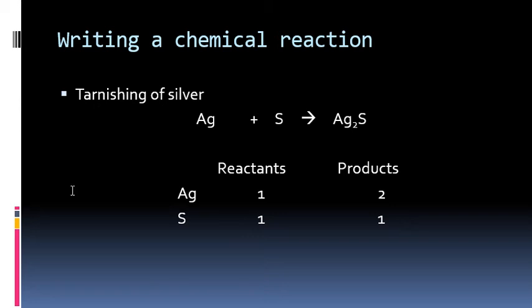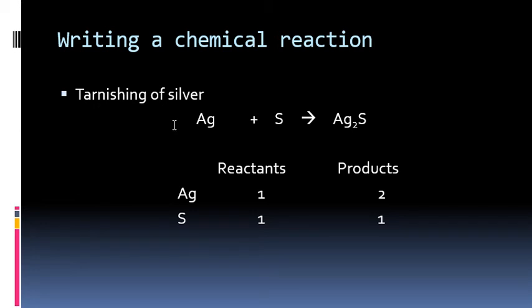To balance this, we're going to need to add coefficients. Coefficients are added at the beginning of a chemical compound or an element in a chemical equation. What a coefficient does is multiply every number of each element that is part of that individual compound.